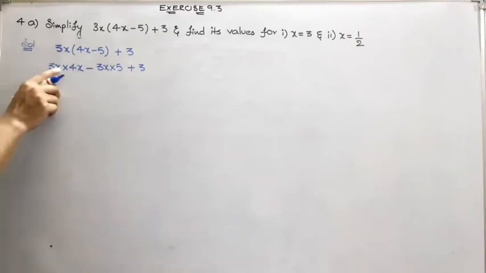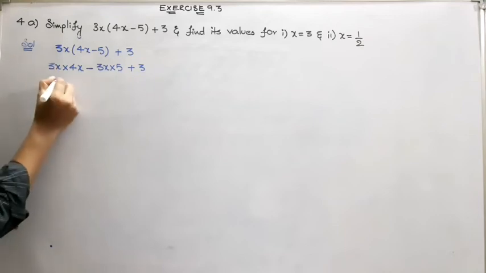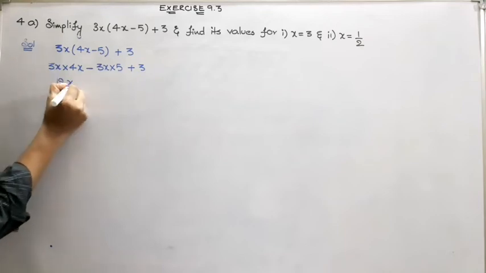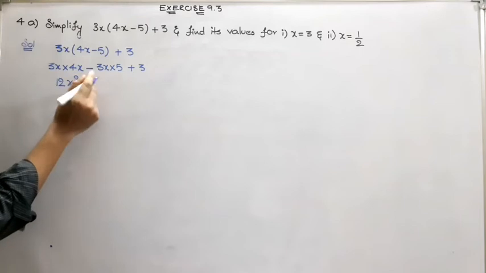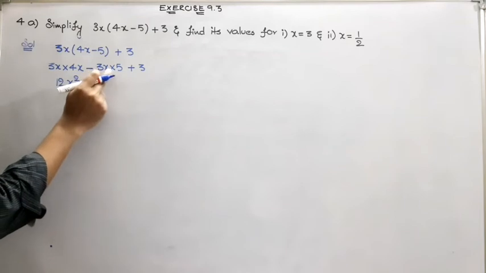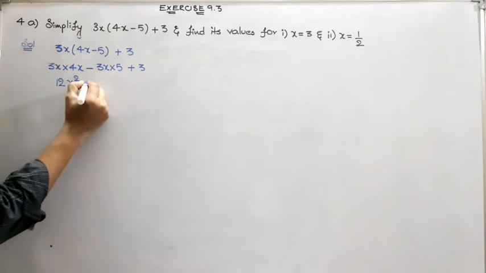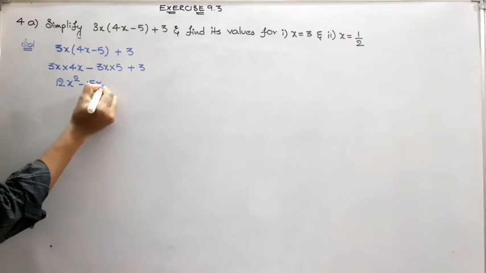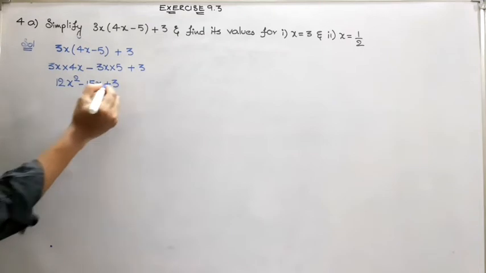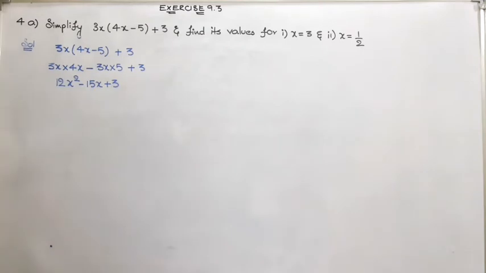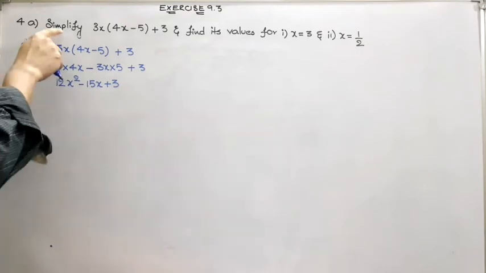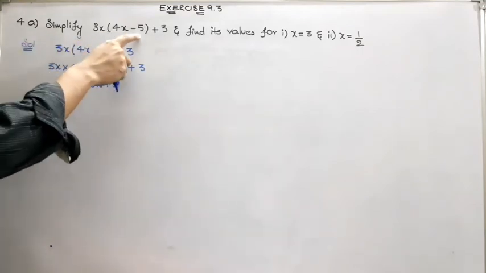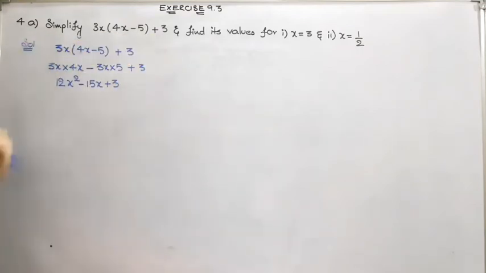Now 3x into 4x. 3 into 4 is 12. x into x is x square, minus 3x into 5. 3 5s are 15x, plus 3. So the simplified form of 3x into 4x minus 5 plus 3 is 12x square minus 15x plus 3.